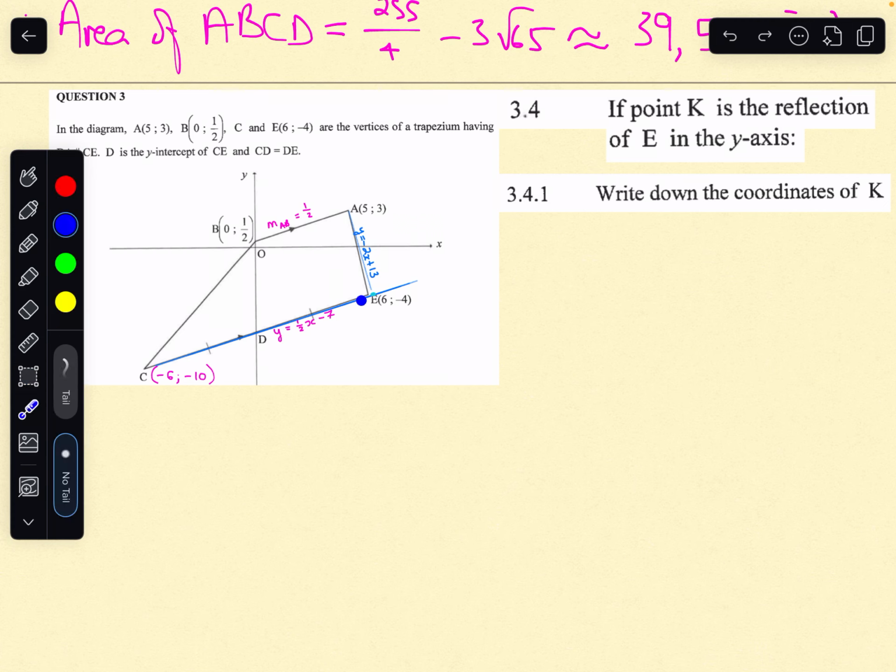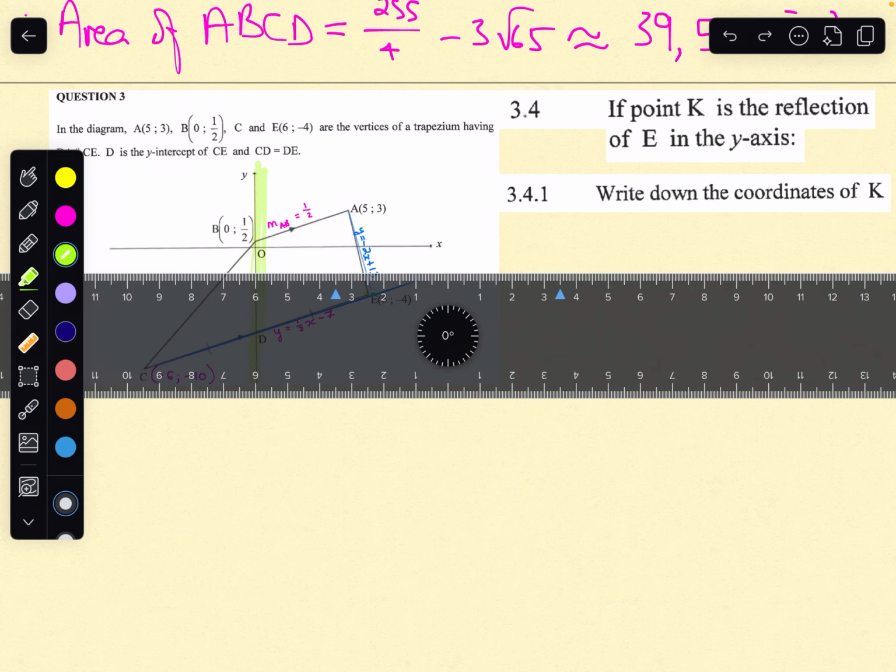So we are reflecting the point E in the y-axis. So write down the coordinates of K. Okay, so our E is going from here. Maybe let's use a ruler instead of being sloppy. Don't be sloppy, kids.